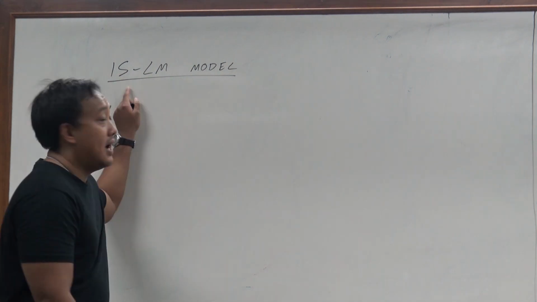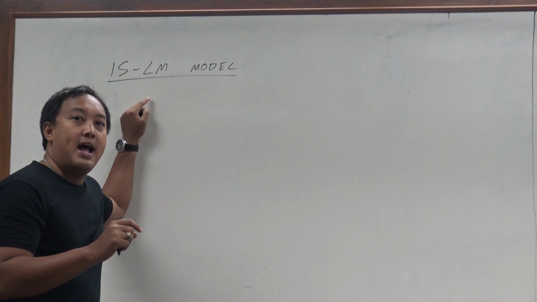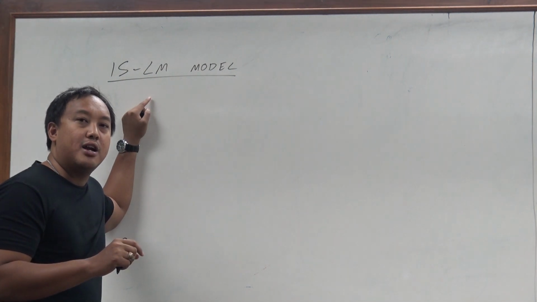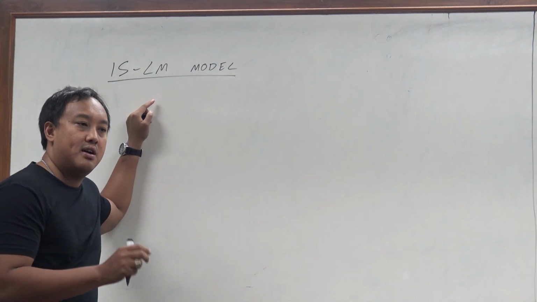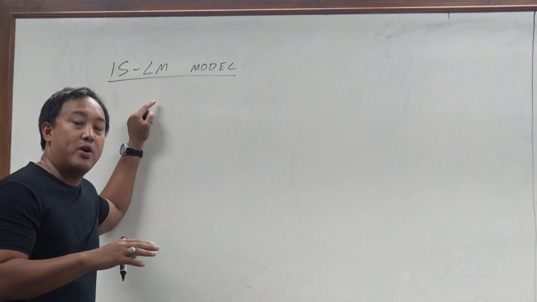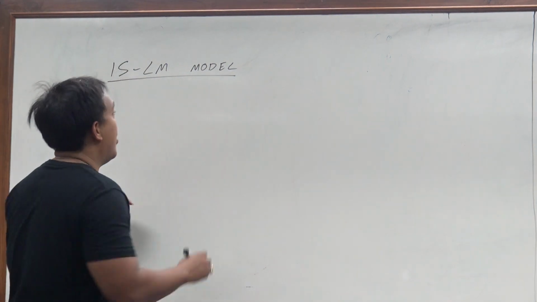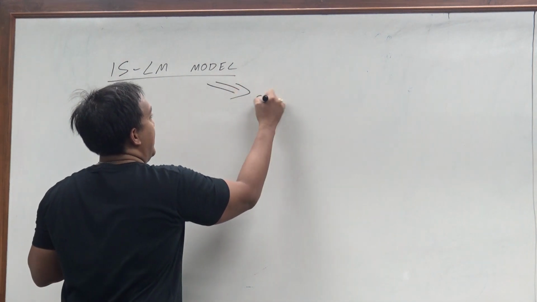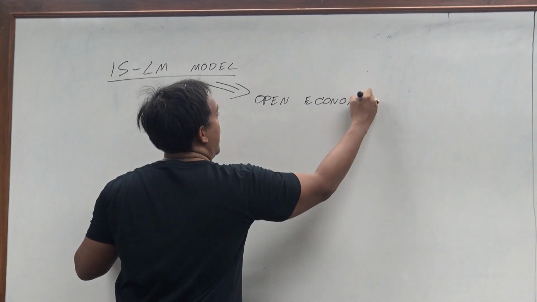The IS curve represents the equilibrium in the output market, and the LM curve represents the equilibrium in the money market. However, the model we learned before only focused on the closed economy. So today we're going to apply the IS-LM model to an open economy and see how it works.